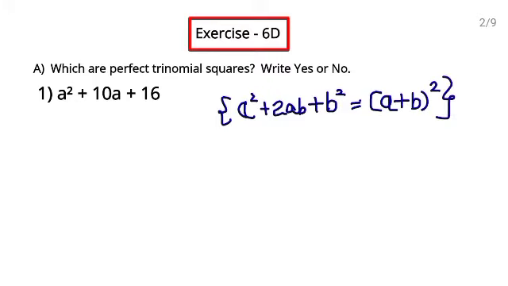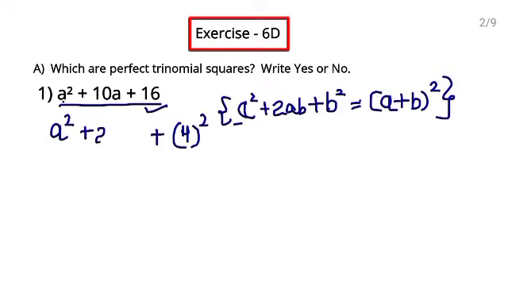So let's check it. If we compare these two, a square will be a square and b square will be 16. So how can we write b square? 4 4s are 16. It means 4 raised to the power 2, and in between it should be 2 into a into b, which is 4.